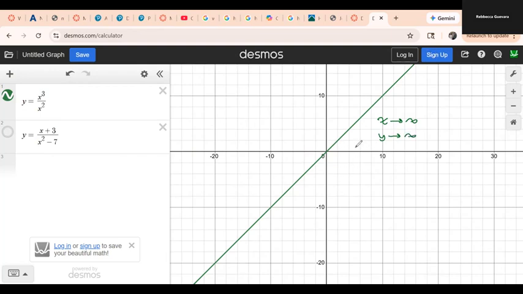They're not approaching anything, they just keep growing. As my x values go to negative infinity, my y values also go towards negative infinity. So we have no horizontal asymptote, because my y values don't approach anything, they just grow without bound.